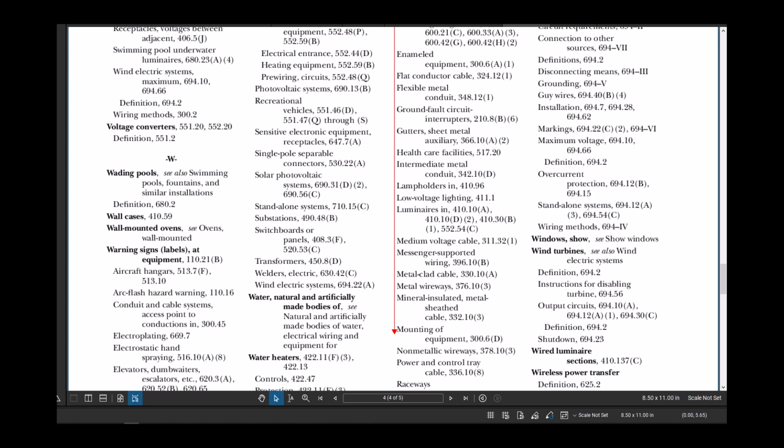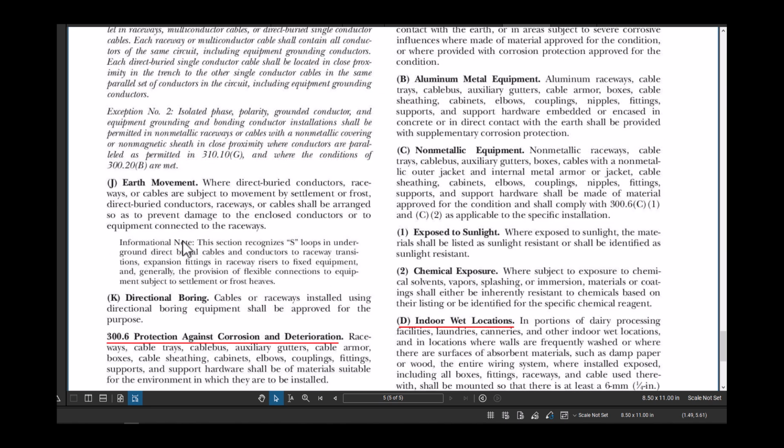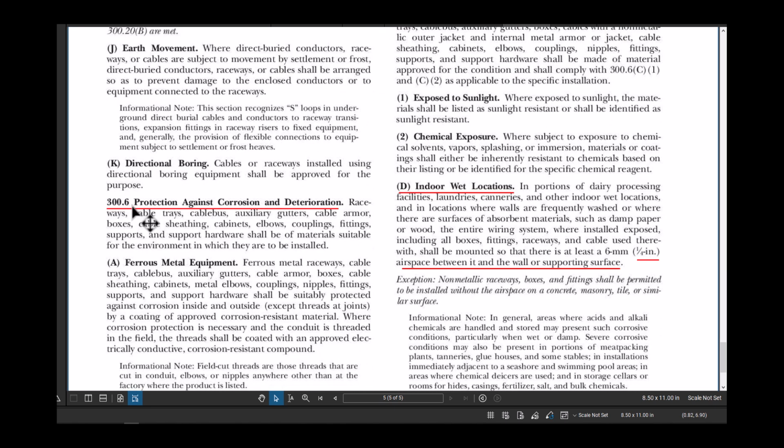And if we go to the article to see what it is about, 300.6 is protection against corrosion and deterioration. Then we go to the D section, indoor wet location. If you read through, we have here shall be mounted so that there is at least a 6 millimeter, 1/4 inch airspace between it and the wall or supporting surface.